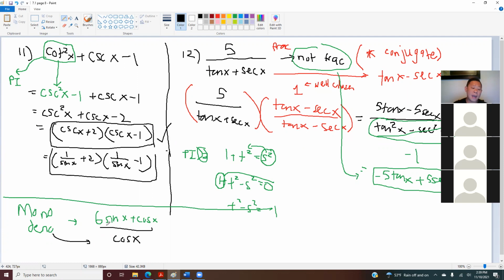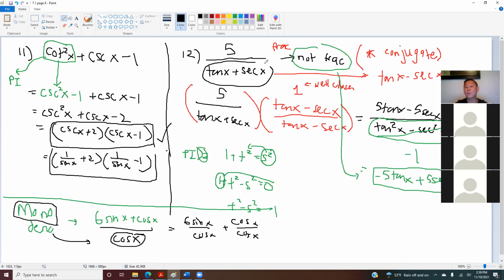Okay, so if you manage to do this, what we can do here is this cosine x can split into 2. So you will get 6 sine x over cosine x plus cosine x over cosine x. So you can do this as long as this denominator is a monomial. Mono means one term. If you have 2 terms, this is called binomial.